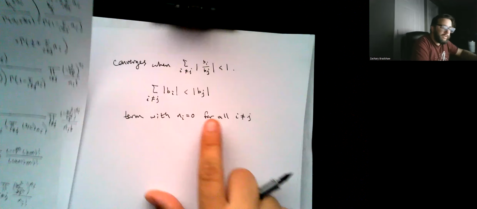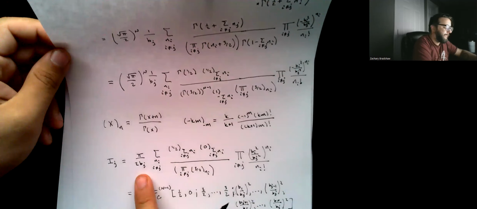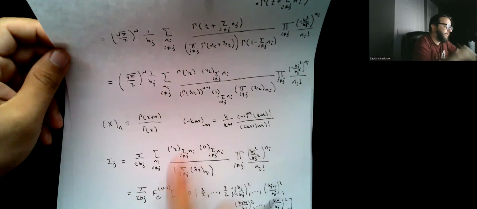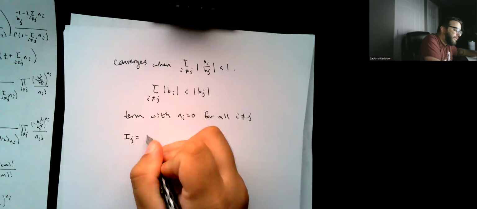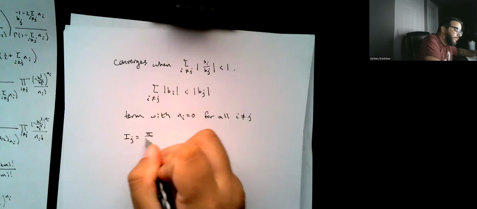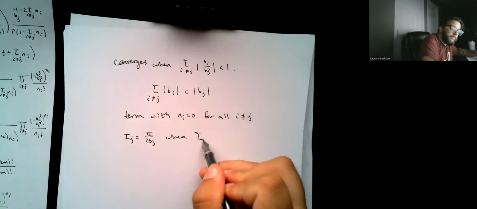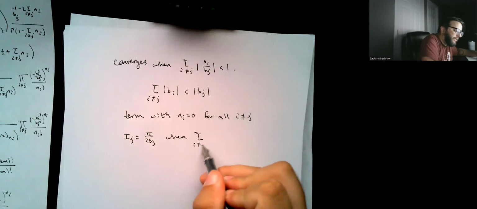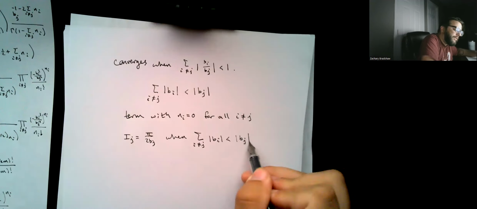Okay, and when we take just that term in our series here, what we're left with is just pi over 2bj. Everything else is 1. So we find that Ij is equal to pi over 2bj when the sum over i not equal to j of bi is less than the magnitude of bj.